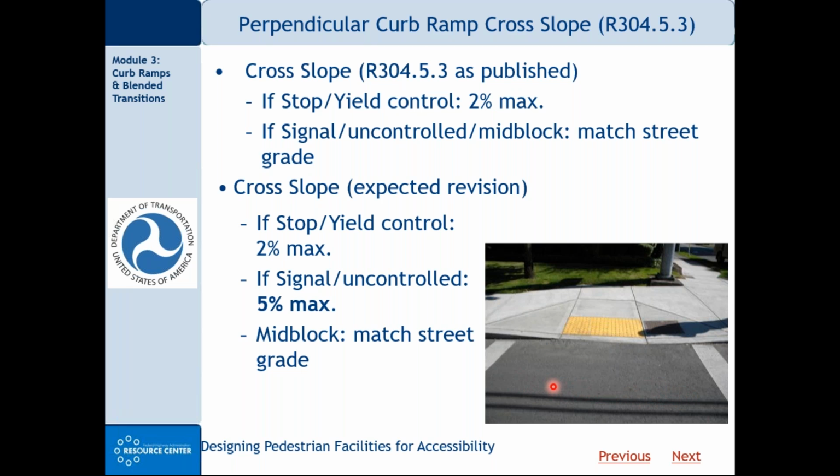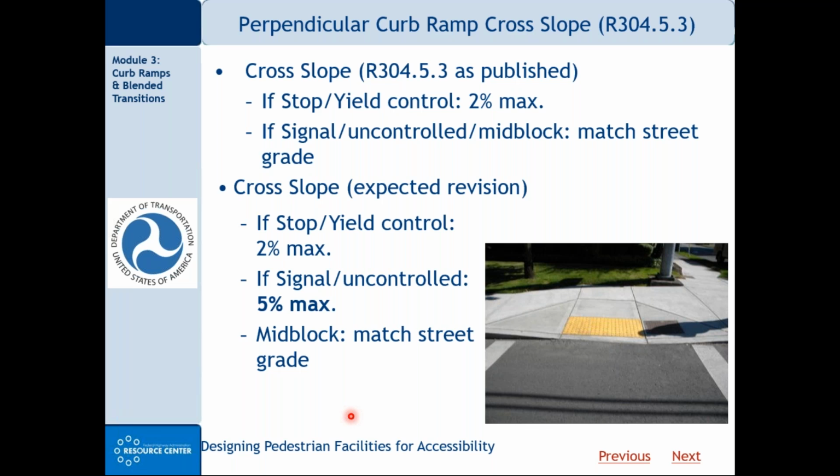And before I get into this, I should note that these requirements apply to new construction. These are for new construction. But notice I have 2 sets of values here. One is what's currently published in PROWAG, and the other is what is expected to be in the final version of PROWAG, which is slightly different.